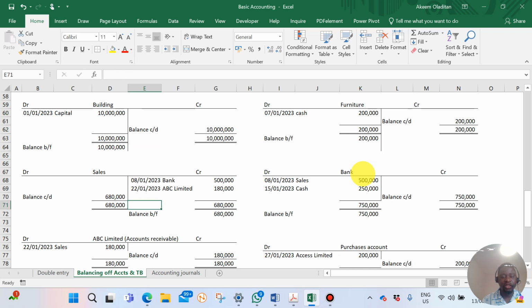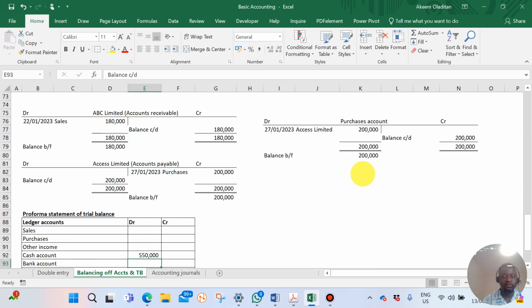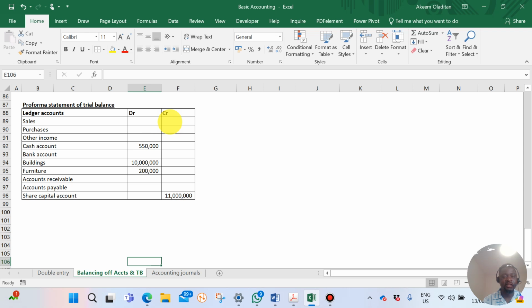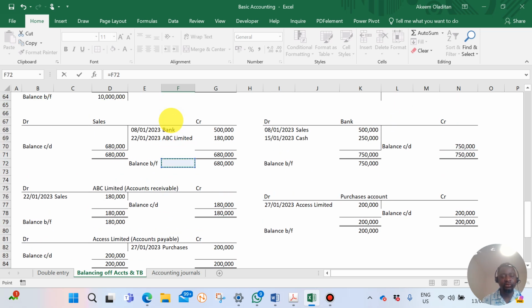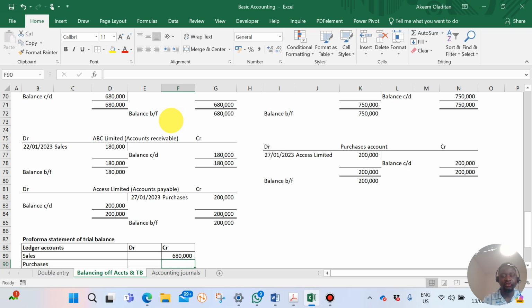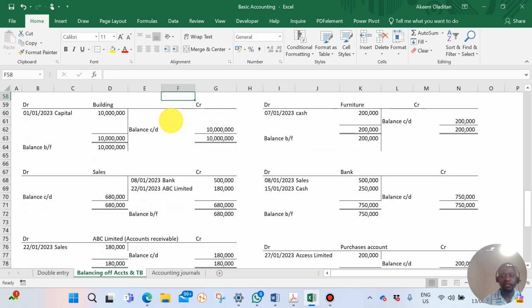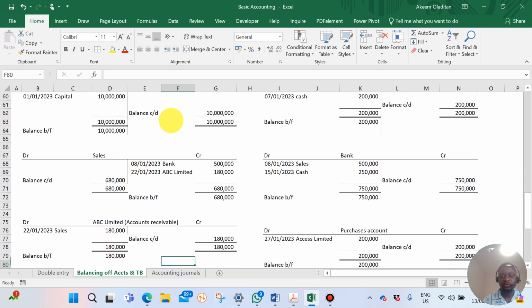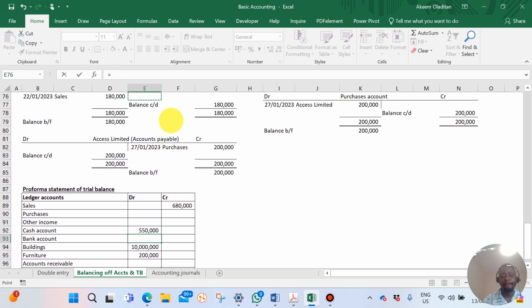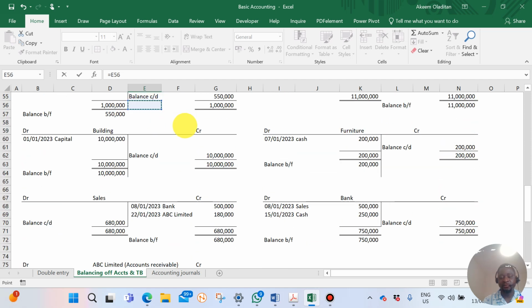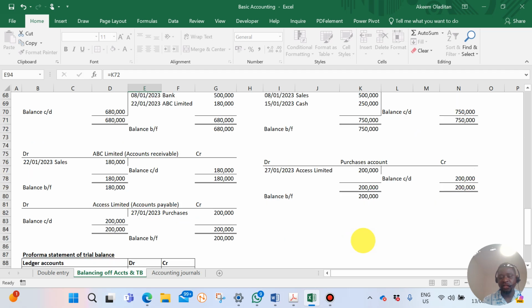You have sales accounts on the credit side. Don't forget we said debit purchases and credit sales. So sales on the credit side. All this follows our rules of double entry. And the next account besides sales is the bank account. Bank account is on the debit side.